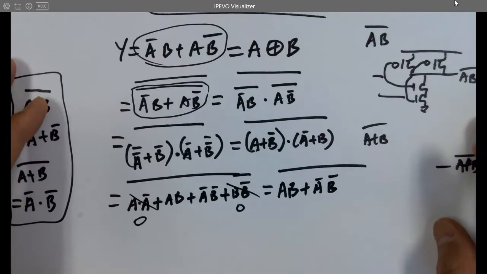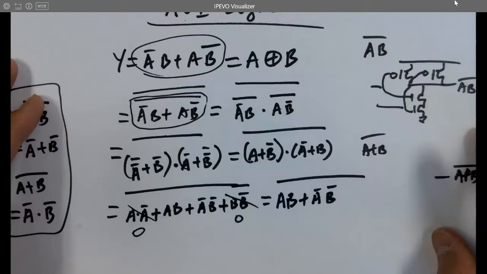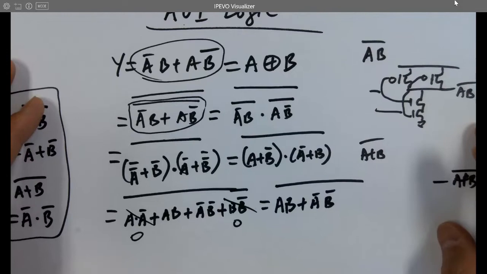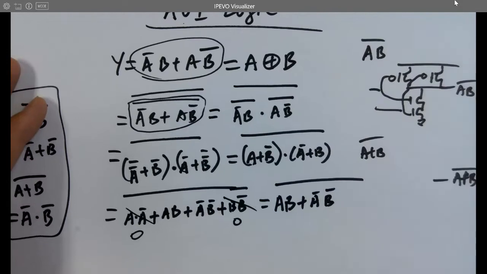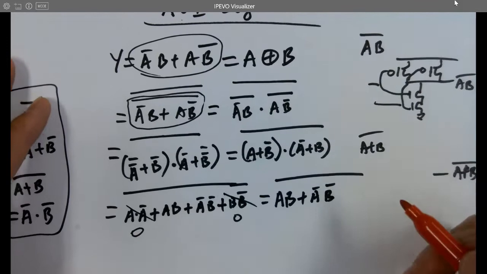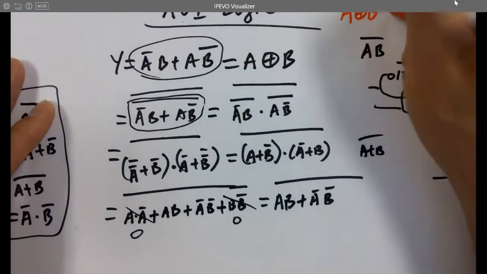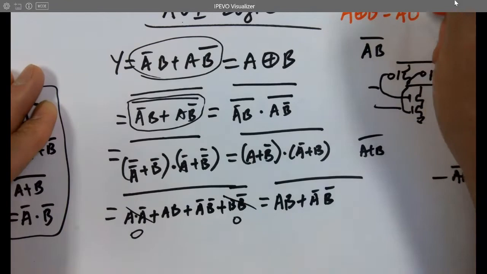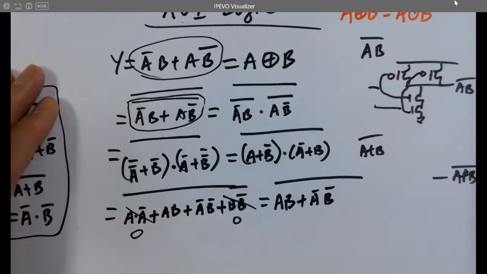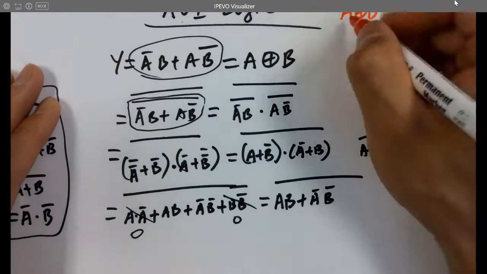Why do we do that? So there was a conclusion. I don't know if you still remember it. A XOR B equals A XNOR B not. So what is A XOR B?